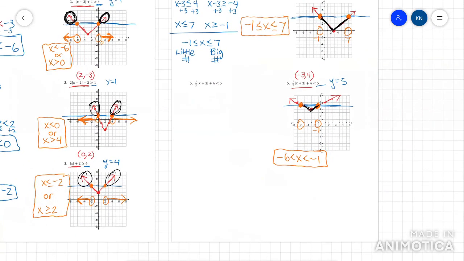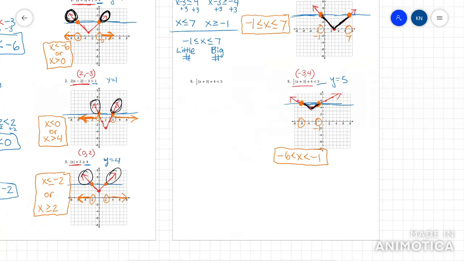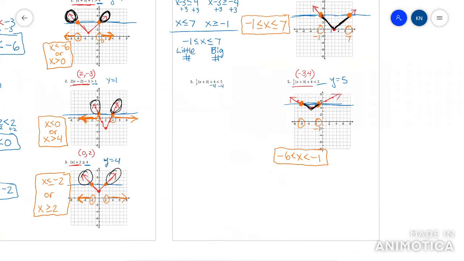Okay, now let's go ahead and solve this last one algebraically. You would subtract 4. You would divide by 1/2 or times by 2/1. Same thing. I'm going to times by 2/1.